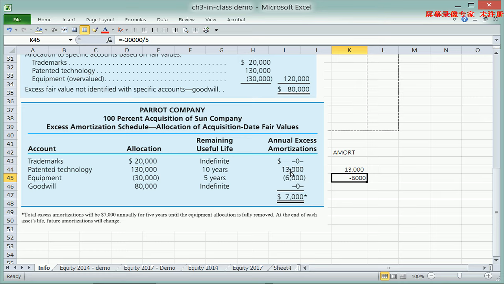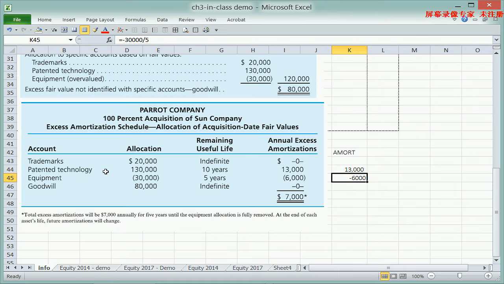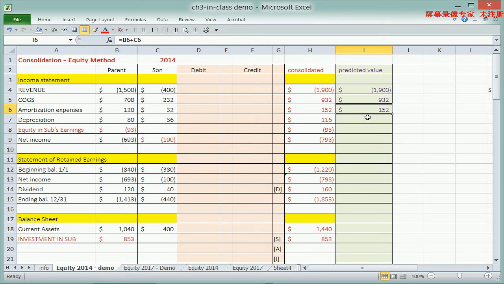Every year we are depreciating this asset for $13,000, and the depreciation is accounted for as amortization expenses every year. So the amortization of the excess will be categorized as amortization expenses too. So here we need to add the amortization of the patent technology, which is 13,000. Now all these numbers are in thousands, so I'm just going to add 13.